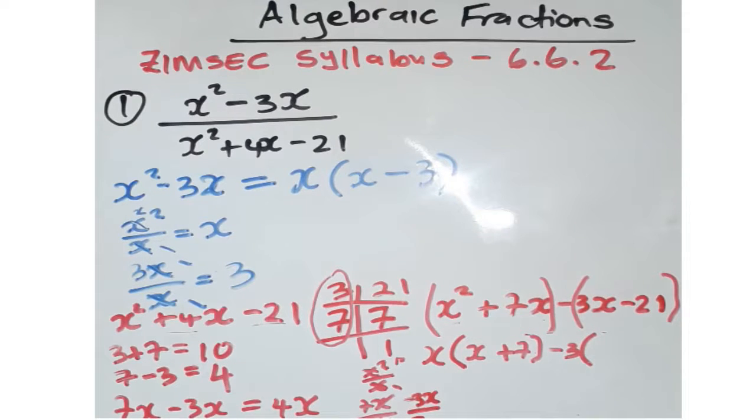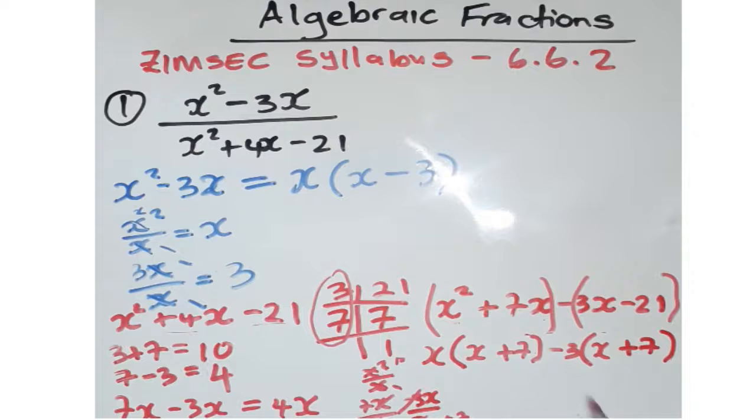Yes. So minus 3 cancels out minus 3, we remain with an x. And then we now have minus 21 divided by minus 3. This cancels out this, we remain with plus 7. So it becomes plus 7. And then we close our bracket.